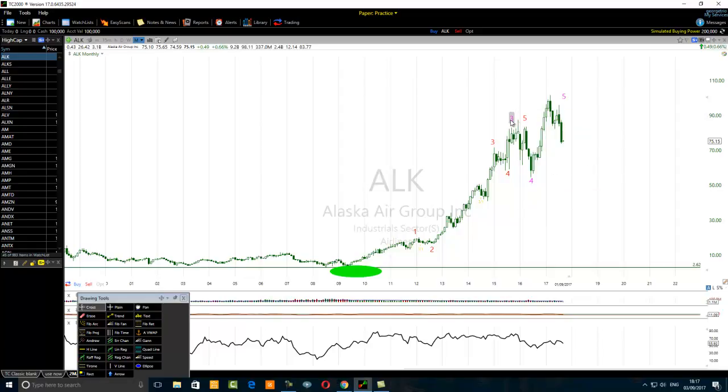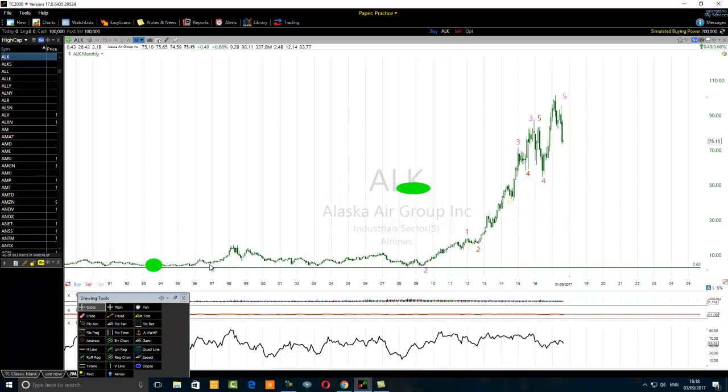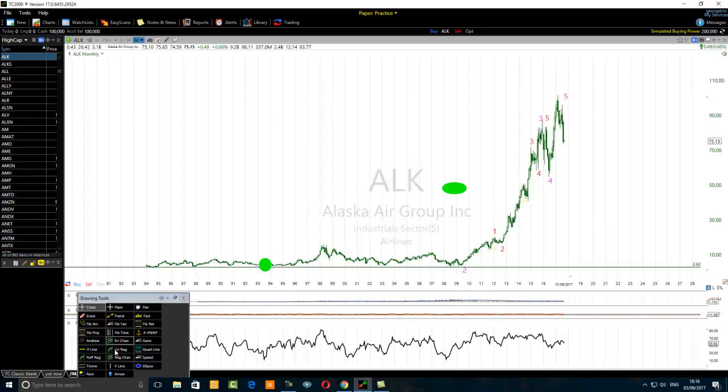Good, right there. Hold on please. You want to wake up that Elliott genius in you. This is the second wave of a higher degree according to our friends. And this is our first wave of a higher degree.